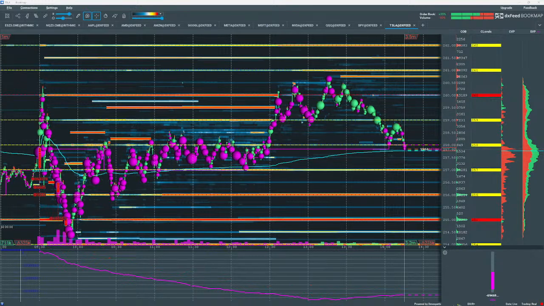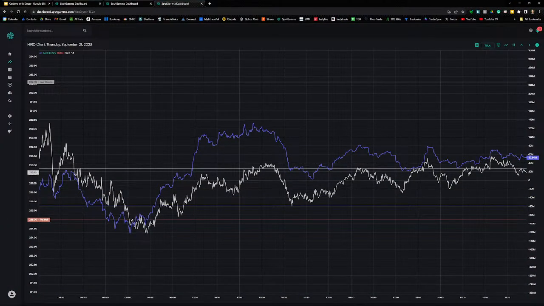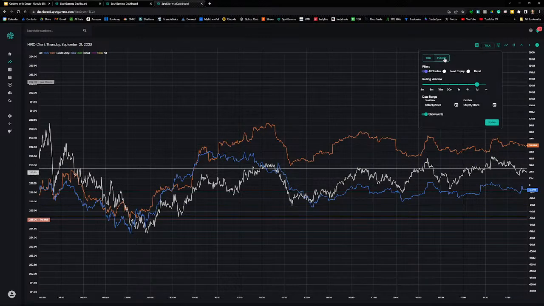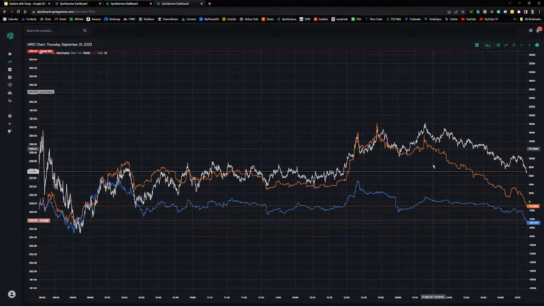Back and take a look at Hero. All right, so net for the day so far, actually now the call buyers have shifted to call sellers.